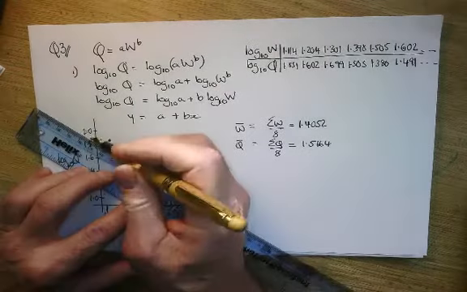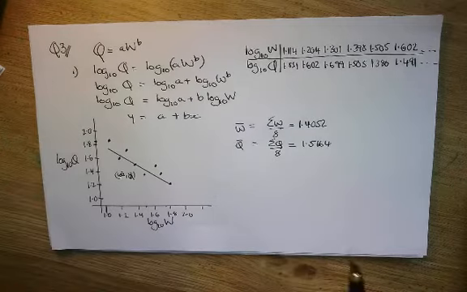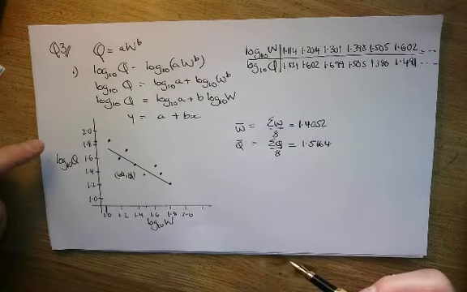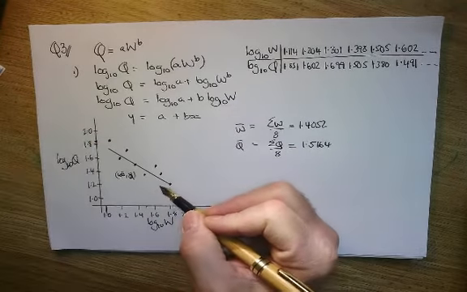I then have to try and work out my gradient. I've chosen that point there, so I could just draw a little triangle like that, and I would work out my gradient.